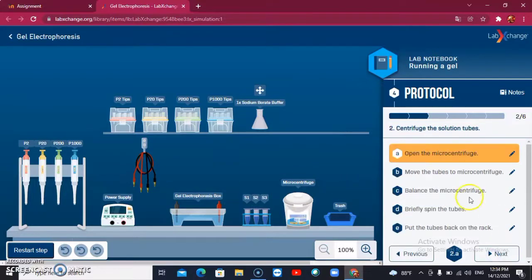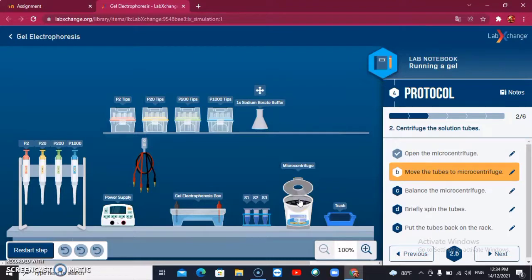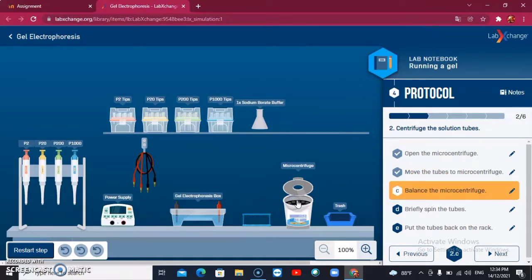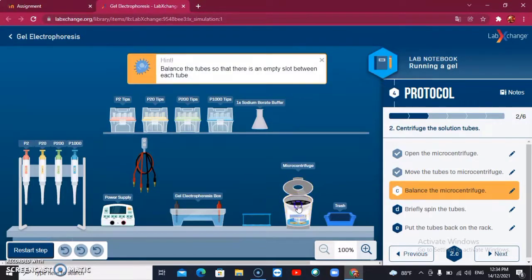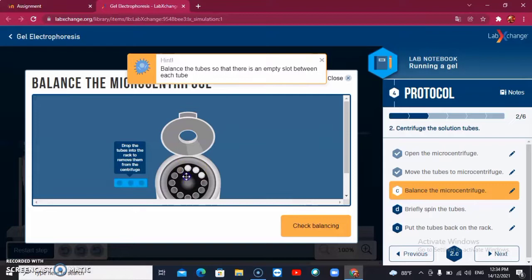Going to next. Open the microcentrifuge. Move all the tubes into the microcentrifuge. Now balance the microcentrifuge.